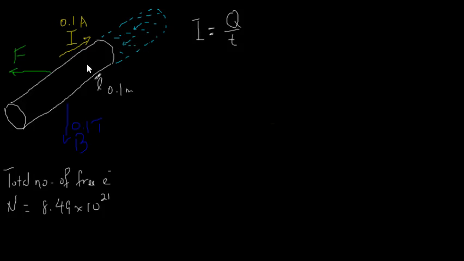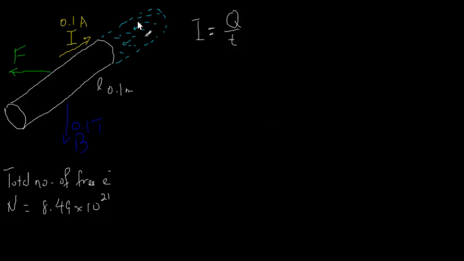Okay, so I want to find out how long it takes for this number of electrons to come in and fill up this rod. Because if I know the time that the electrons come in and fill up this rod, then I can find the velocity.